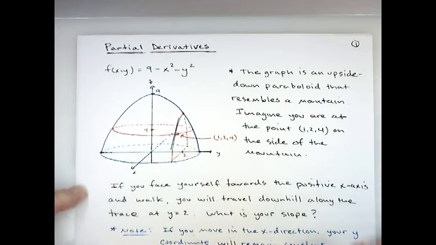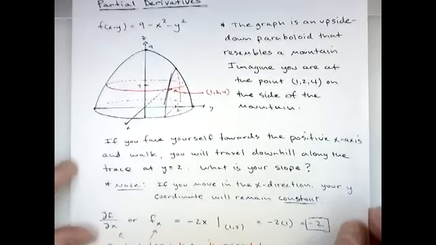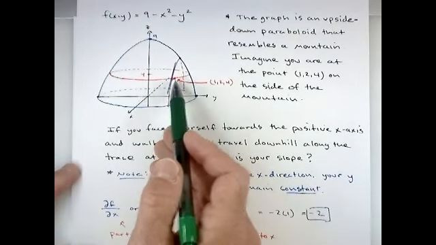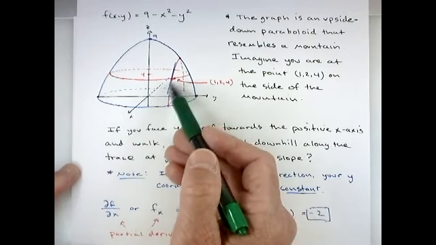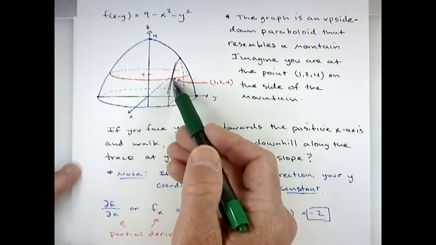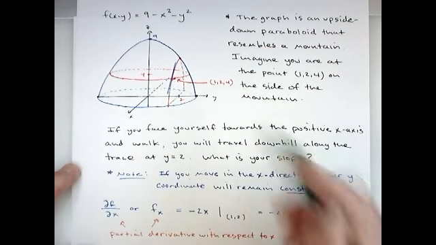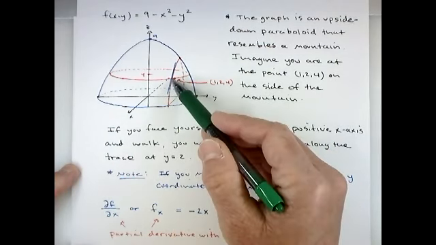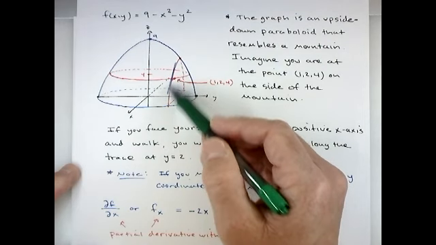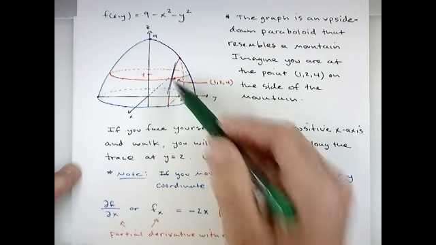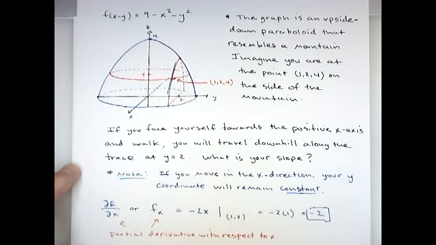Now what we mean by a partial derivative graphically here: imagine you're at this point and you face towards the positive x-axis, so you're facing outward, and then you start moving. If you move in that direction, you're going to start to move down this parabola on the trace. What we're interested in is what your slope is.